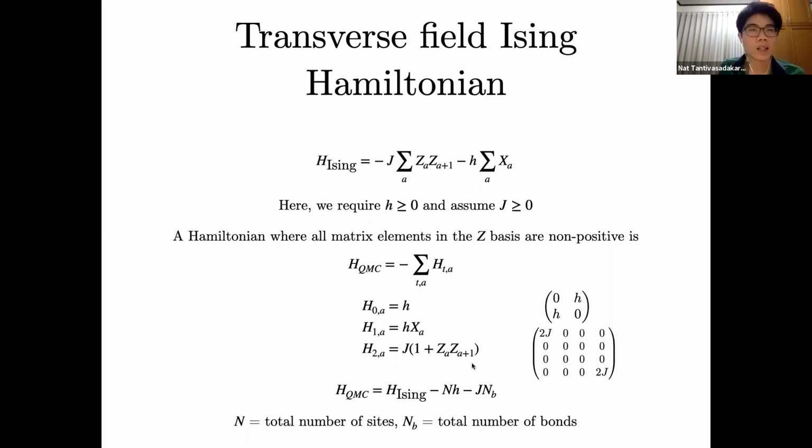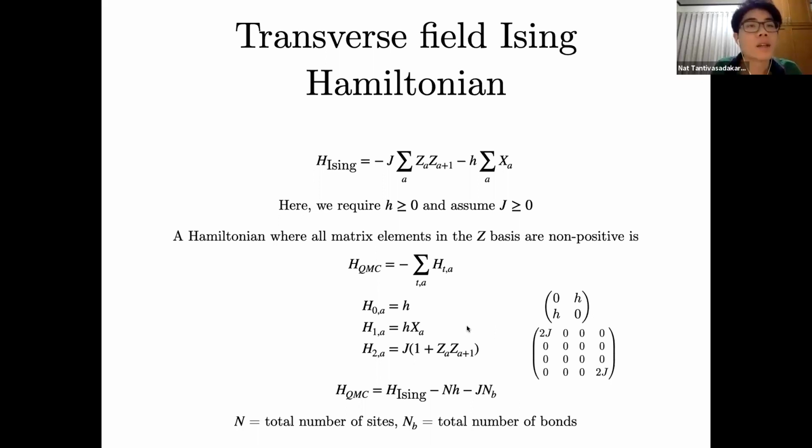Another thing that's been added to the Hamiltonian, which will be useful for the update scheme, is the transverse field parameter H times the identity, and I'll mention why this is useful. But anyway, this is just a constant, and you can always relate back to the original Ising Hamiltonian. HQMC is the negative of H Ising.